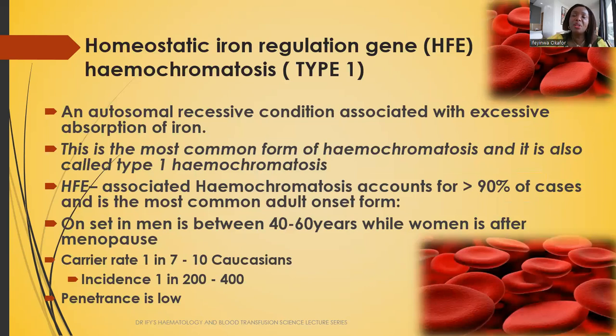Let us take a closer look at type 1 hemochromatosis, which is also known as HFE hemochromatosis. It occurs as a result of mutation in the HFE gene, and it is an autosomal recessive condition associated with excessive absorption of iron.